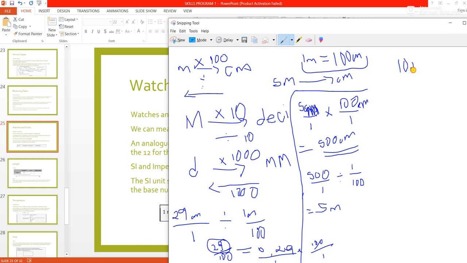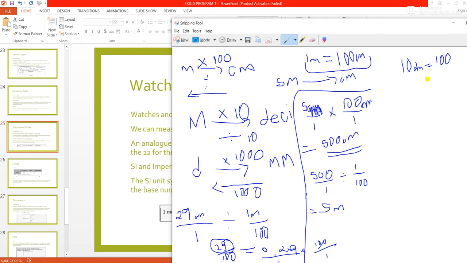So when we move from decimeter to 1,000, we know that's millimeters.